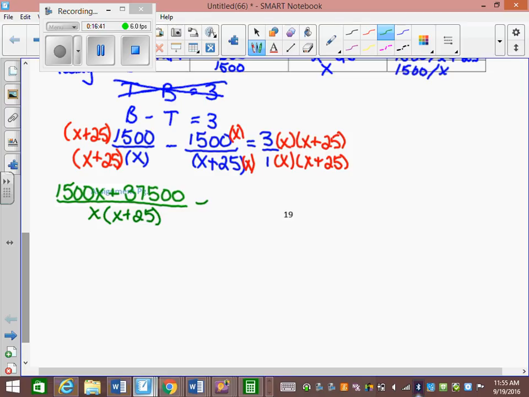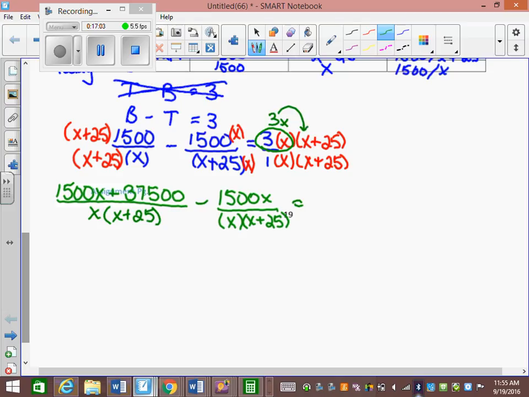And then minus 1,500x. Now the 3 and x we can put together and then just distribute it. So you can go 3 times x first. Remember how we distribute in? So we're going to have 3x times that.